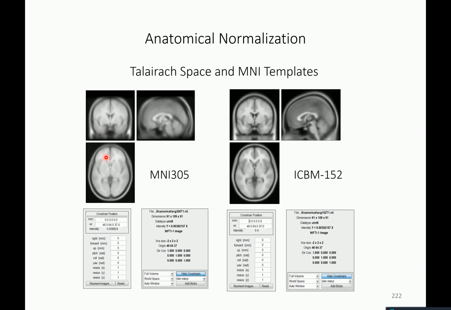That doesn't work anymore with only translation and rotation, of course, because you might have to also inflate or compress some brains so that they have the same size as this. So this is the SPM way of looking at the MNI 305, and this is the ICBM 152.